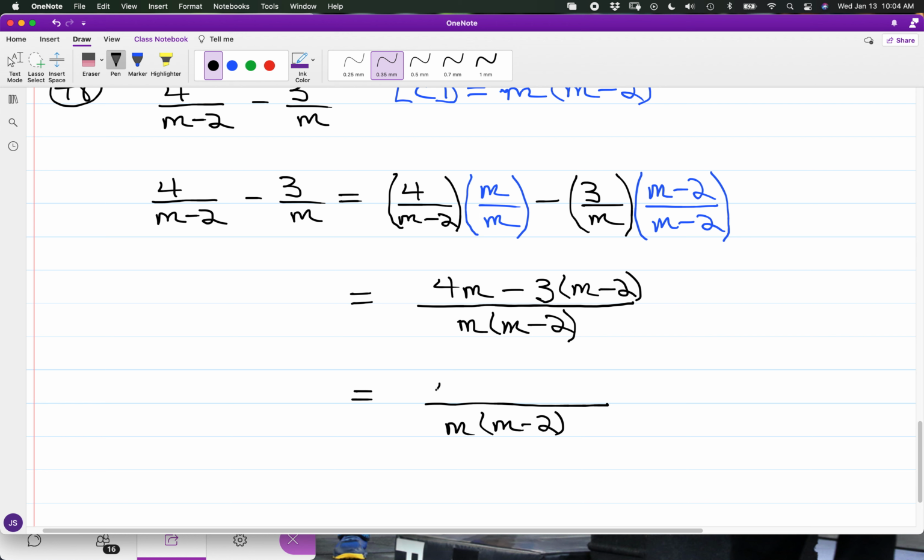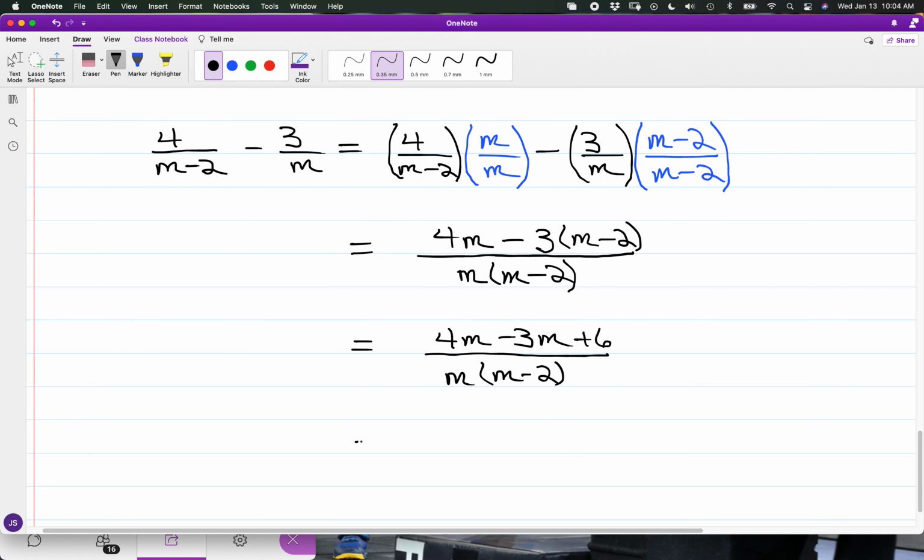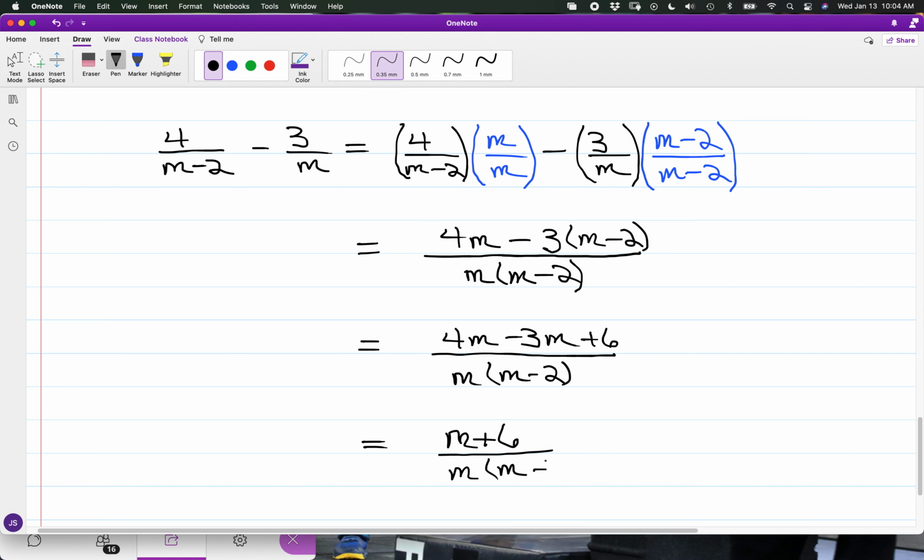So we have 4m, and you have minus 3m, and negative 3 times negative 2 is going to be a plus 6. And so for what we have in the result, this will come out to m plus 6, all over m times the quantity of m minus 2.